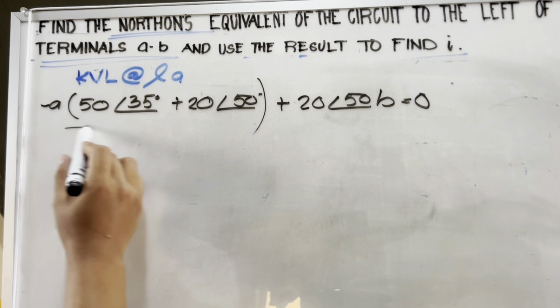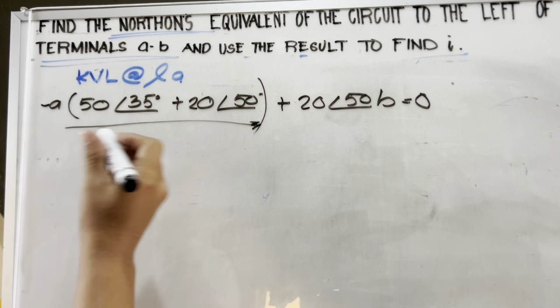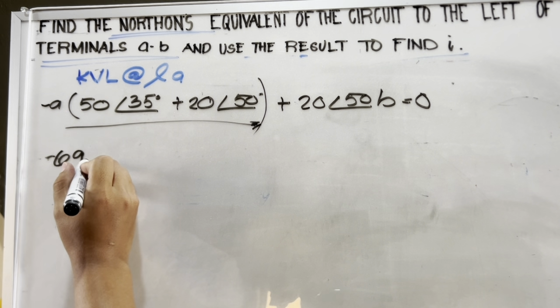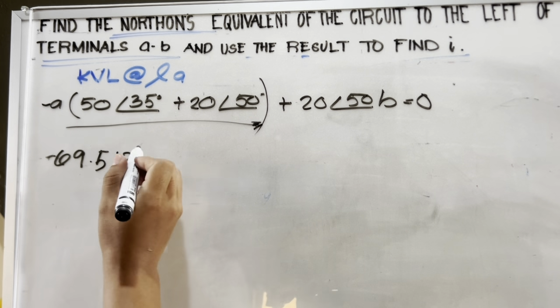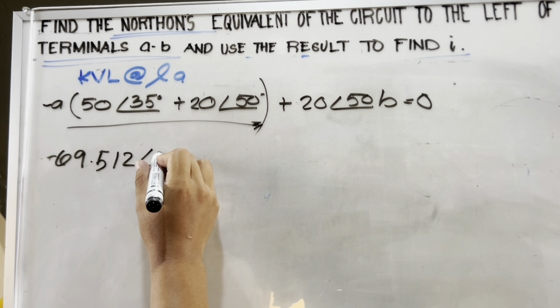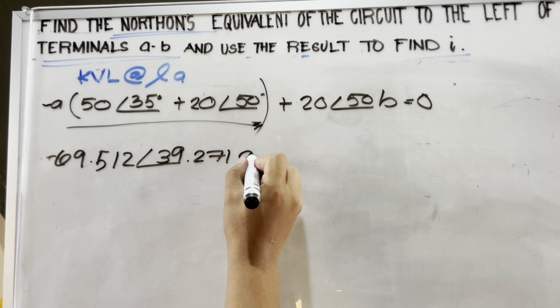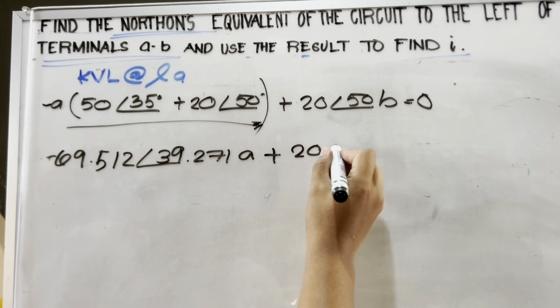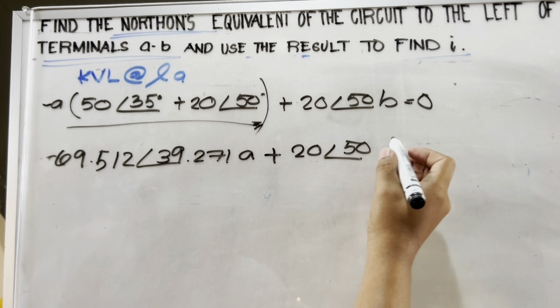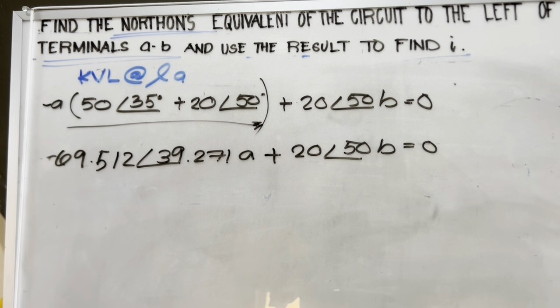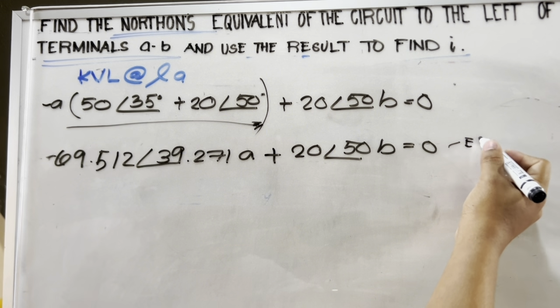Next, compute this will become negative 69.512 angle of 39.271 times A plus 20 angle of 50 times B is equal to 0. This will become again our equation 1.